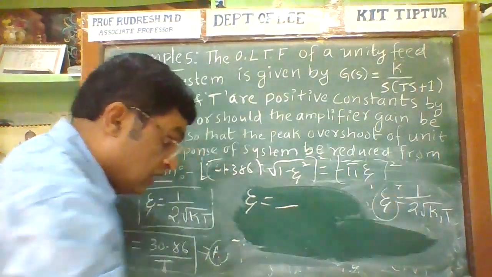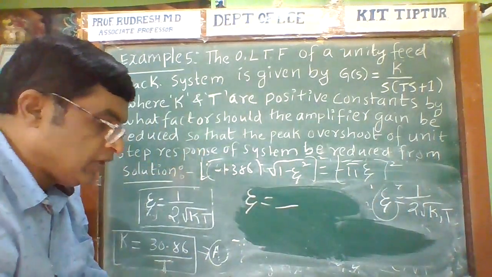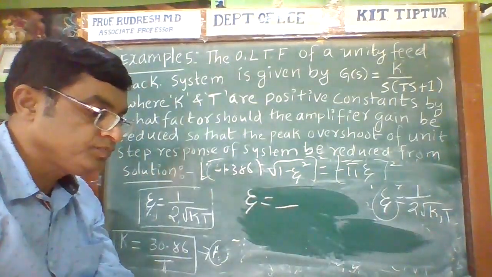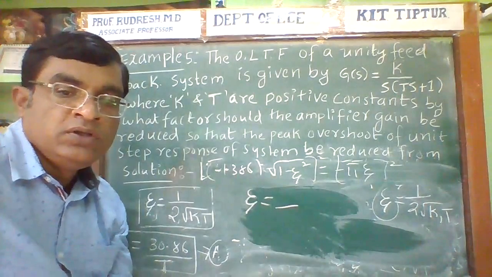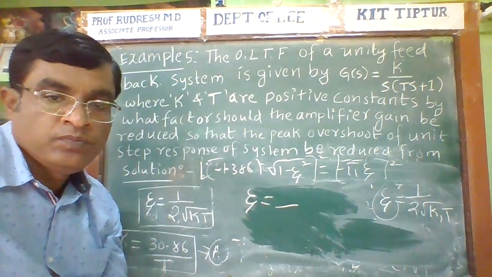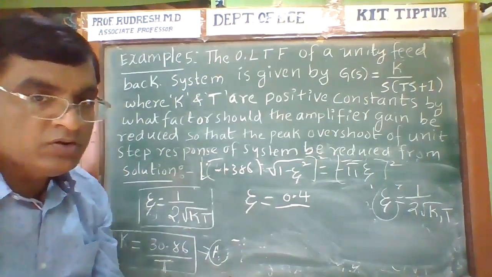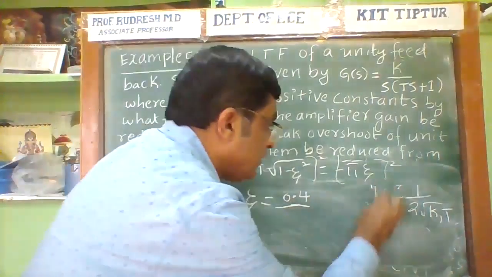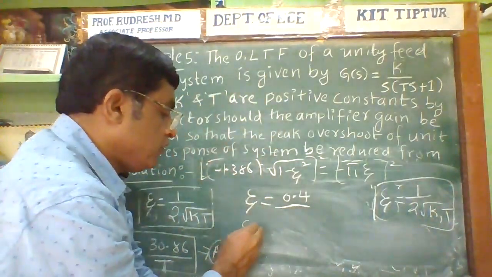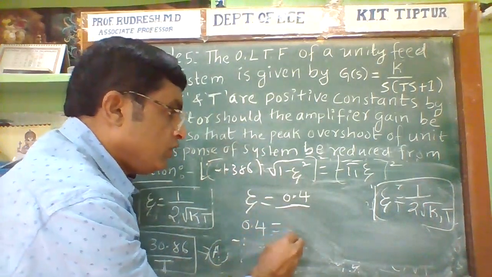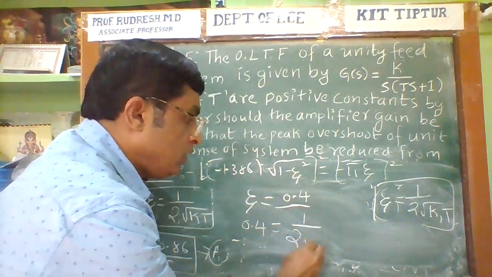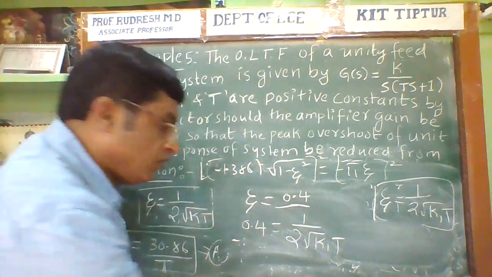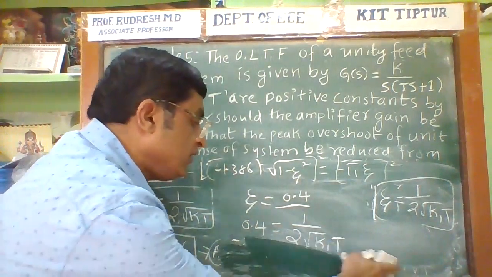If you substitute, the zeta value is equal to 0.4. So zeta equal to 0.4 is equal to 1 by 2 into square root of K1 into T. Now what will be the K1?